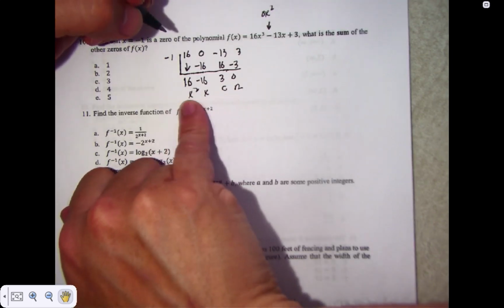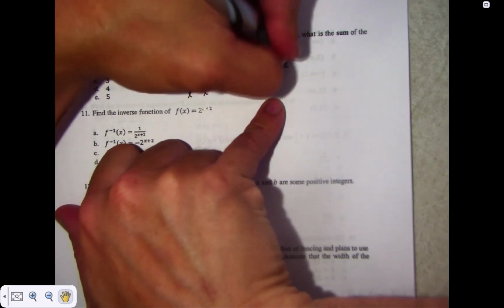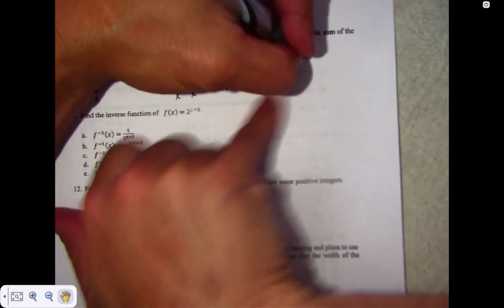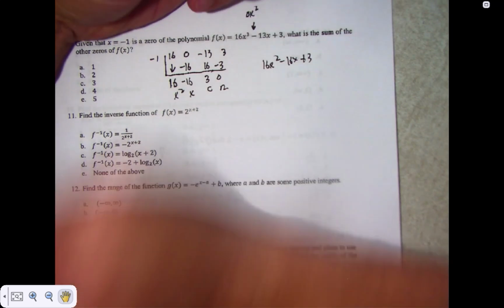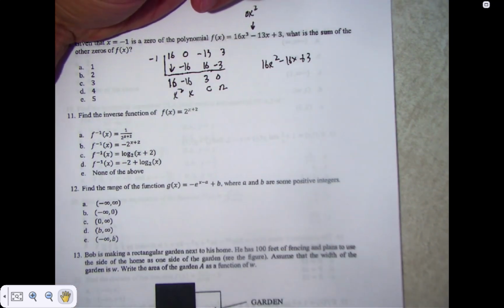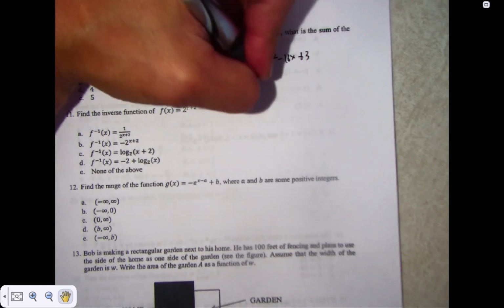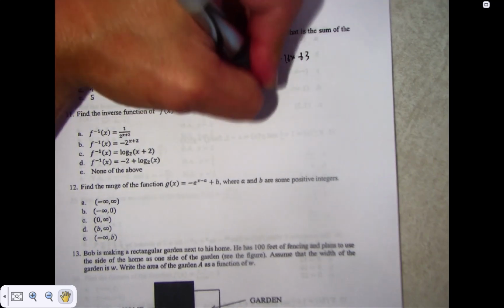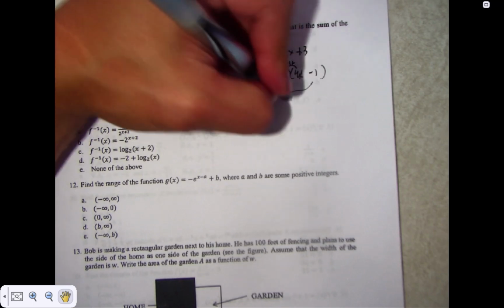The remainder is zero, and we have 16x squared minus 16x plus 3. We're going to try to factor it. I think it factors quite nicely. 4x minus 3 and 4x minus 1, because the inside is going to make negative 12 and the outside is going to make negative 4, looking for negative 16.